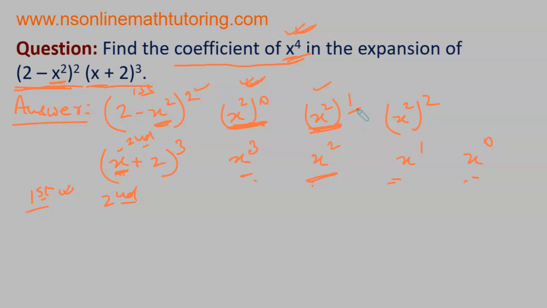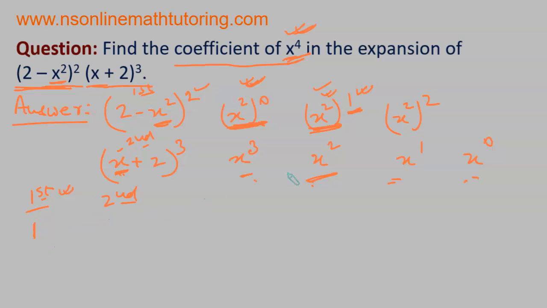For this, I will be taking the power of x squared. Okay, this you have to be careful about. Do not take this to be equal to 2. The ultimate power will be equal to 2, but you do not take the ultimate power. You take this one, okay? So, the first expansion's second term, that is the power of x squared is equal to 1.